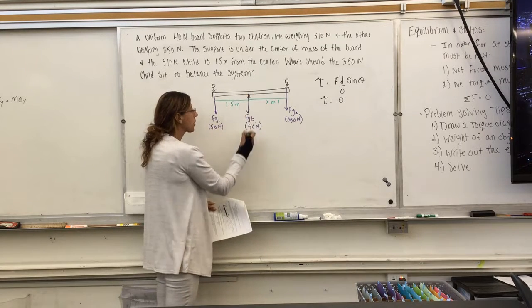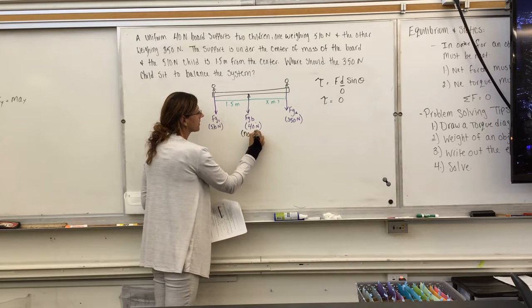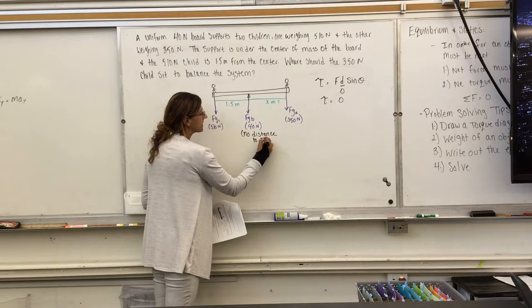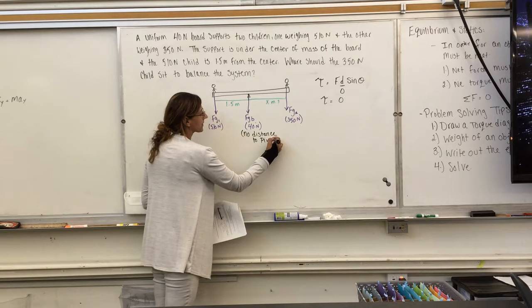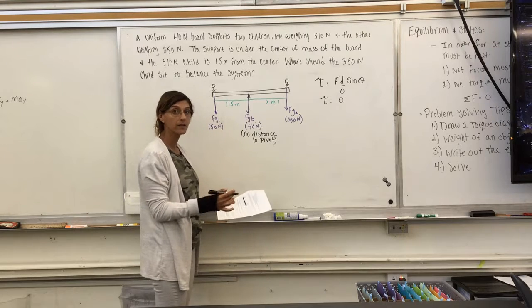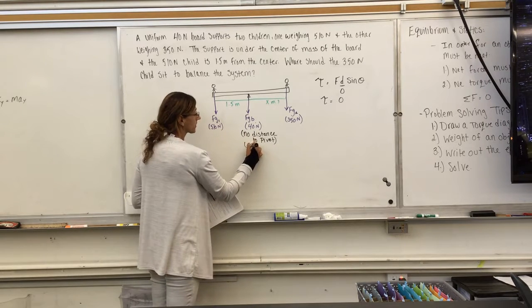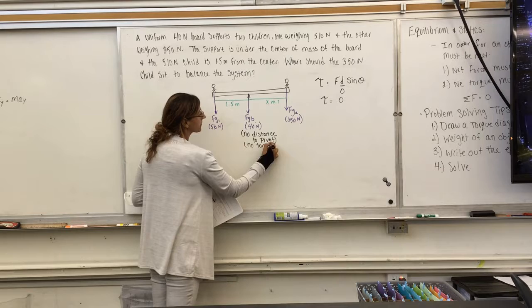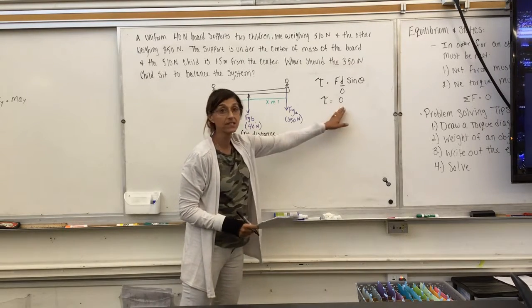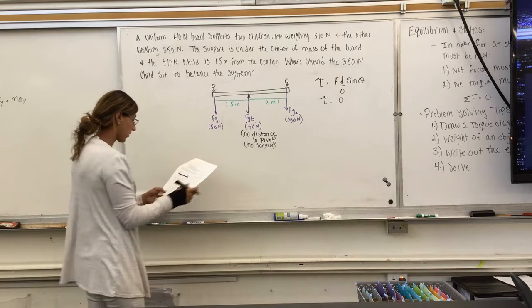So there is no distance to the pivot. So that means that the actual Fg of the board does not exert a torque. No torque, okay? So if your force is at the pivot, it doesn't exert a torque because it doesn't have a distance.